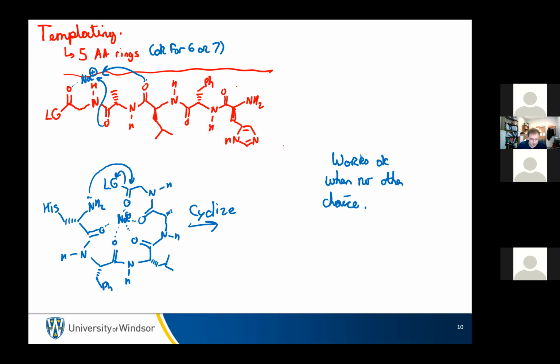The last thing I want to discuss doesn't actually help cyclization specifically. It's just kind of cool. It gets used in cyclization, with Staudinger ligation.